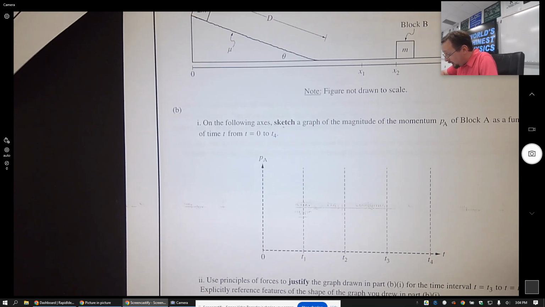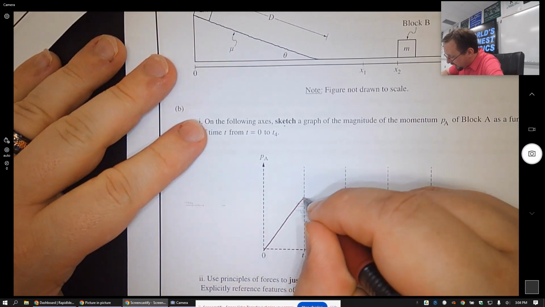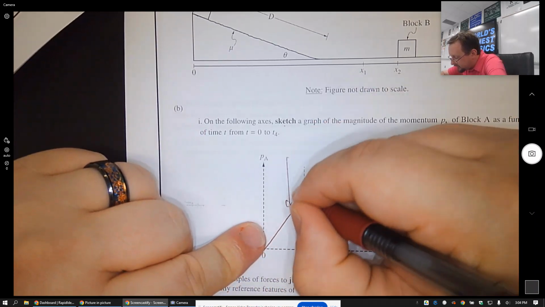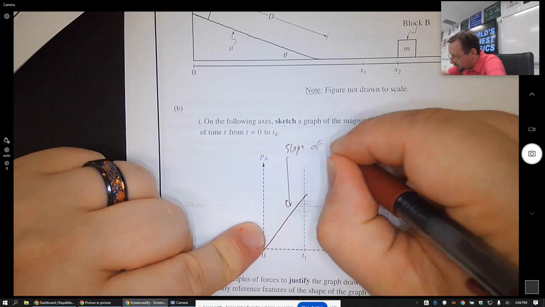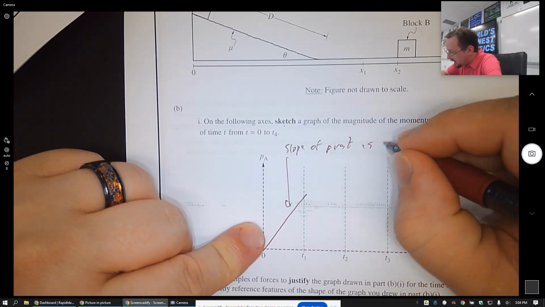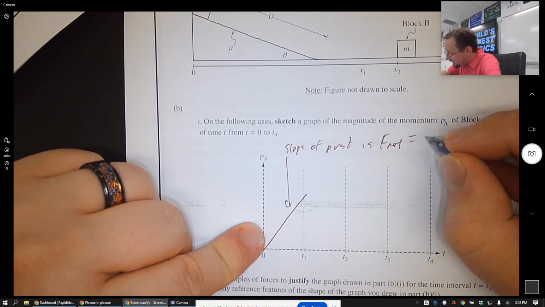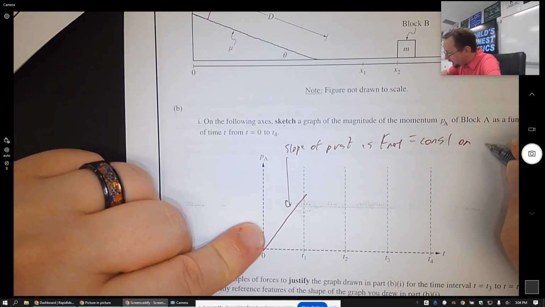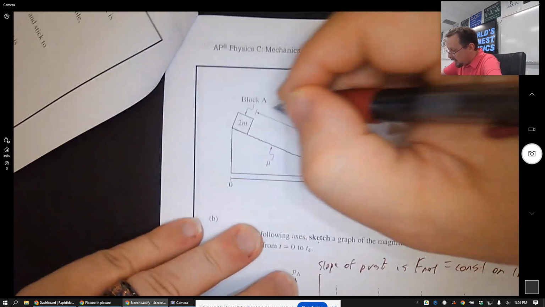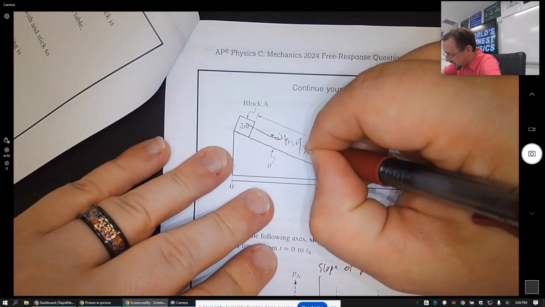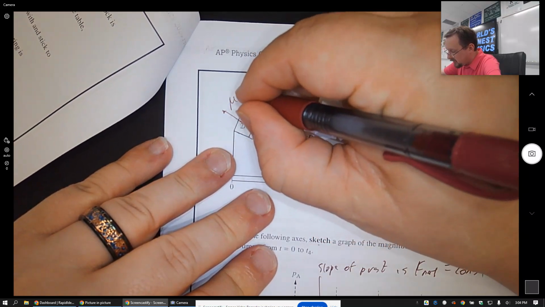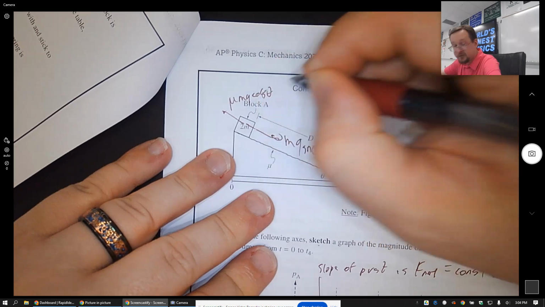Momentum, huh? Is that what you want? Okay, the momentum is going to be a straight line here. The reason why is because the slope of momentum versus time is net force, and the net force is a constant on the incline. Why? Because the mg sine theta doesn't change, and the mu mg cosine theta friction also does not change.